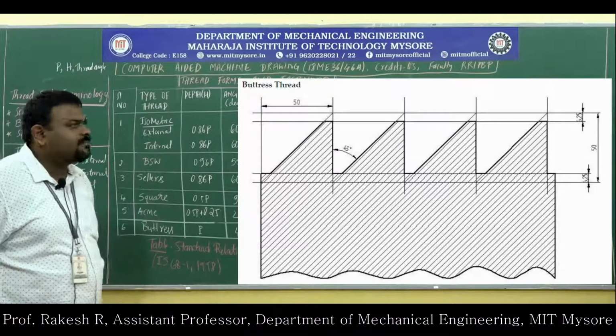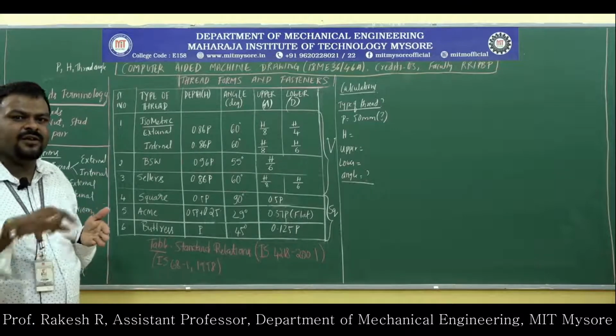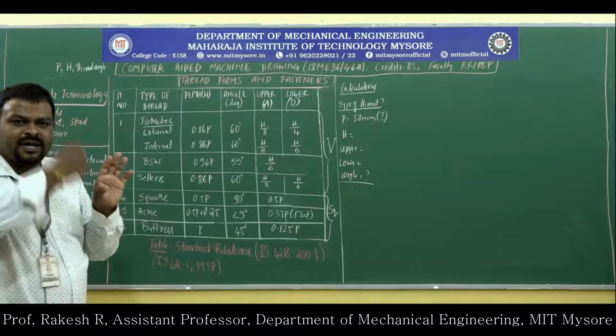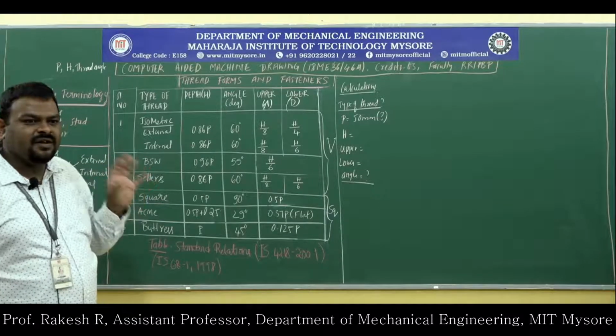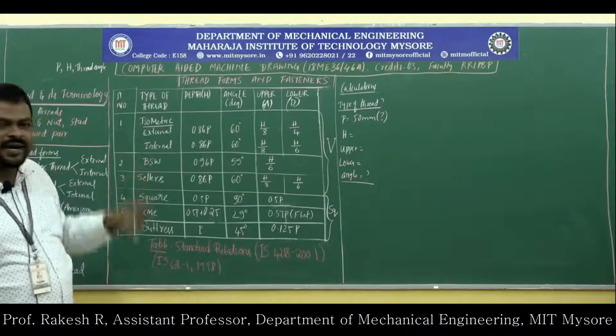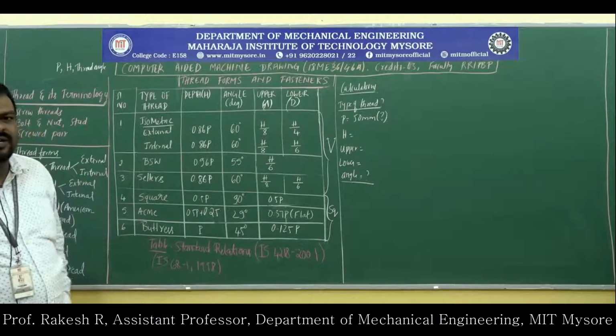So 6 profiles of thread, very easy to write. First you construct the horizontal lines, first you construct the pitch, locate the points at the pitch, then you locate h, depth of thread, then calculate addendum, transfer the distances, then it will be easy to write.